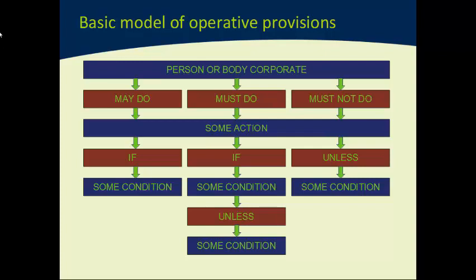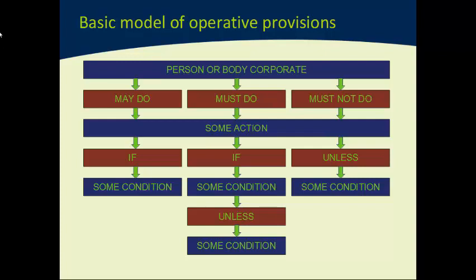When we write statute, the first thing we're going to do when we're designing an operative provision is start thinking about which of these 12 models the operative provisions are going to follow. Now, unless you've got a fair idea of those 12 provisions and how they work, the rest of the lecture is not going to make much sense.